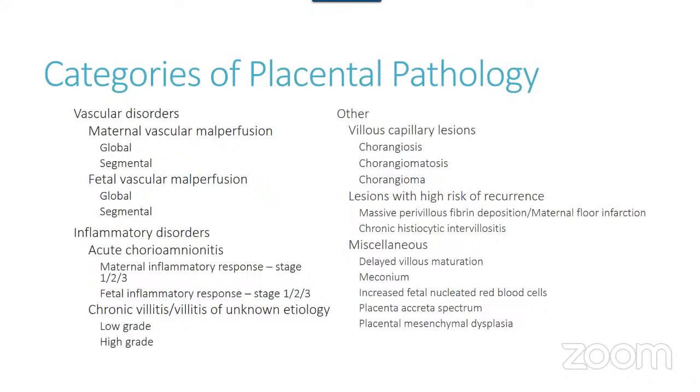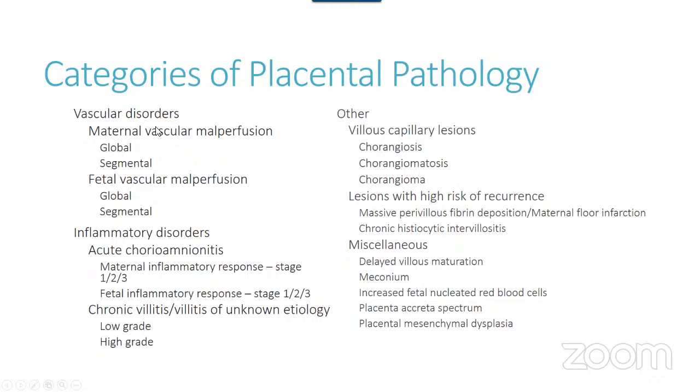So as I mentioned, this is the broad spectrum of the different things that you can see in placental pathology. Amazingly, you can fit it all into one slide. The 4 major categories that you'll hear about are these on this side here. So you can split placental pathology broadly into vascular disorders and inflammatory disorders.